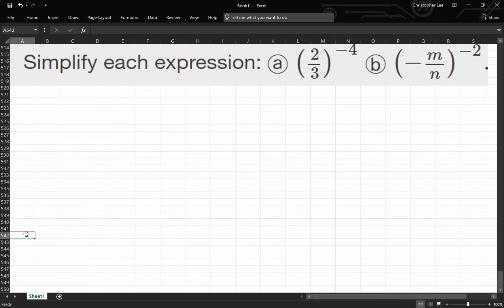All right, got it. 2 over 3 raised to negative 4. What does that become? For A. What does that become? Good. Perfect. And if you want to solve it, be my guest.